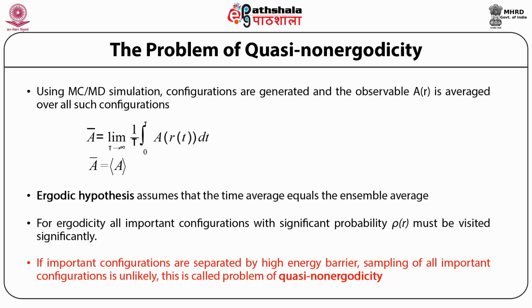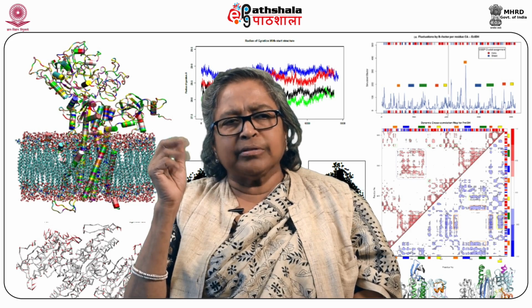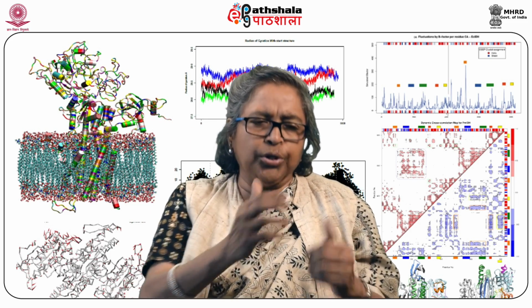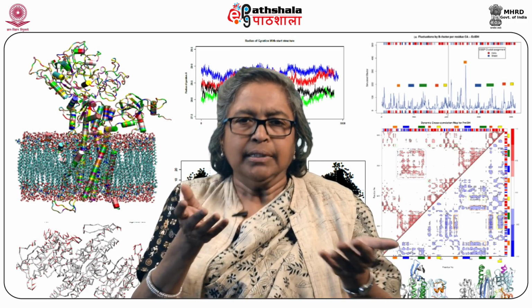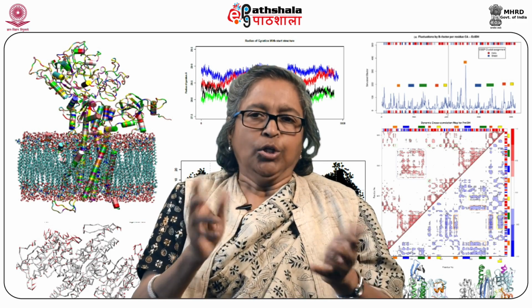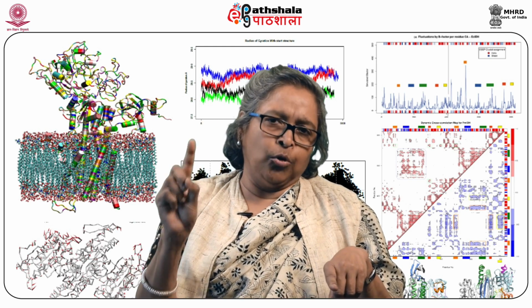And that leads us to change the approach, so that we can cover the samples. Sampling is difficult, as I have shown you, especially to go to that level. Now, there are two ways to alleviate quasi-nonergodicity.